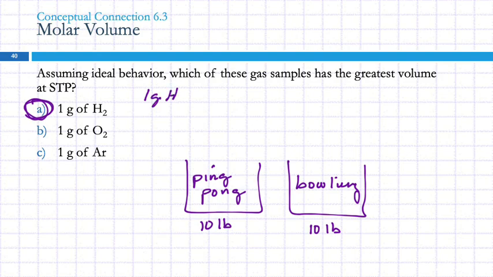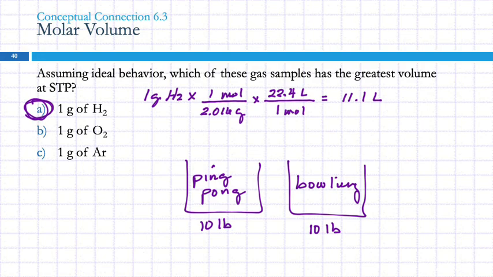So 1 gram of hydrogen. I can convert this to moles, and then, since this is at STP, convert this to liters. So 1 gram divided by 2.016 times 22.4 is 11.1 liters.